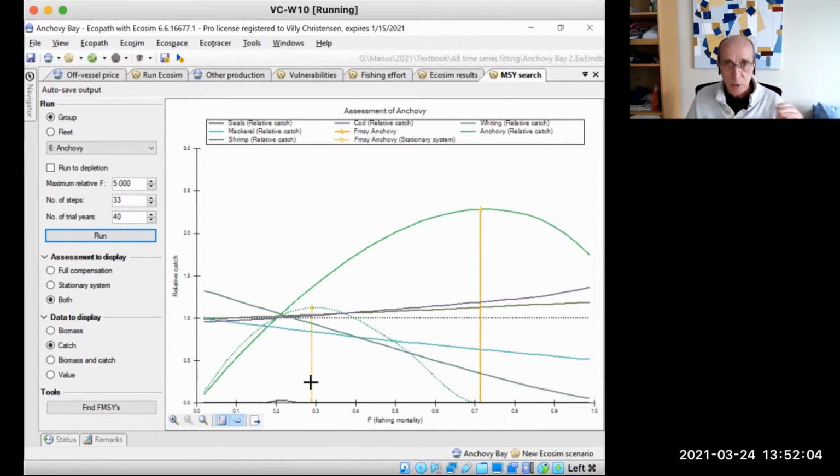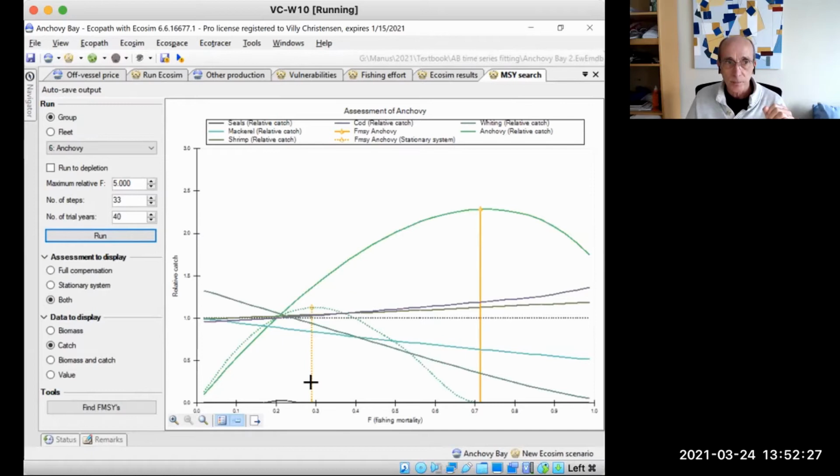So when you start thinking about the ecosystem, the immediate reaction that it means we have to fish less is not so. There will be more compensation in a model of this type. That's an interesting and important finding from this.